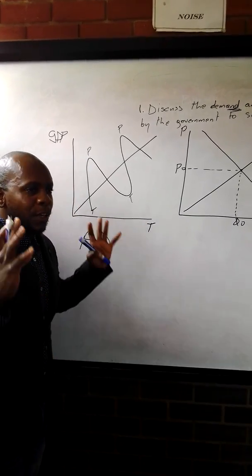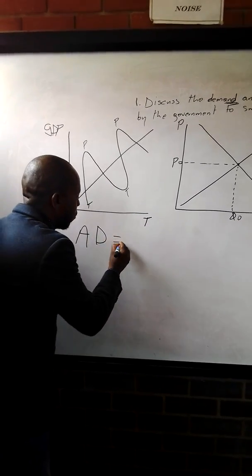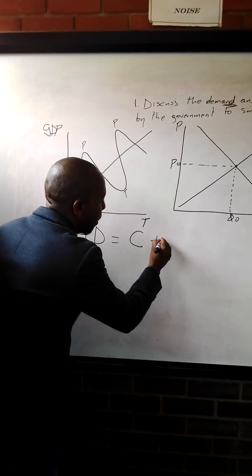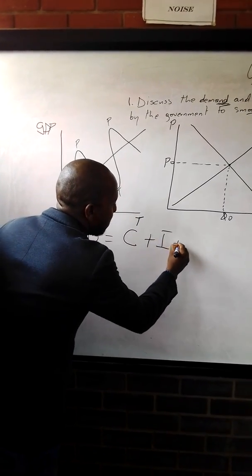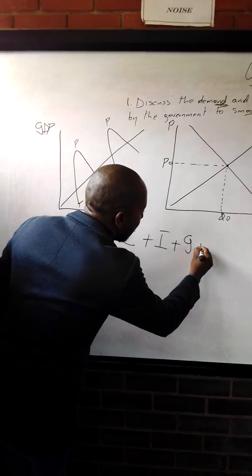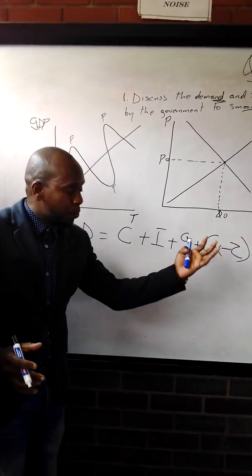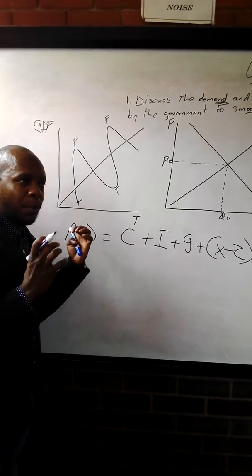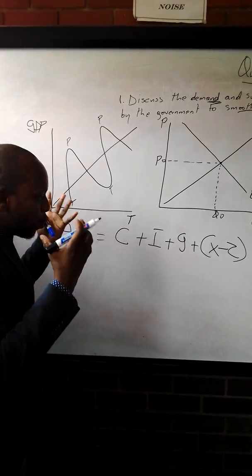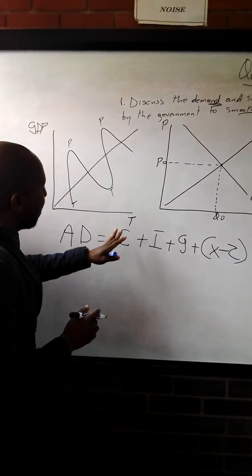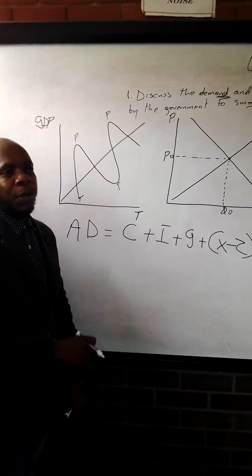What is AD? We all know that AD is equal to C plus I plus G plus X minus Z. You bring this information to your mind, and then you assume a position where there is an increase in one of these components.